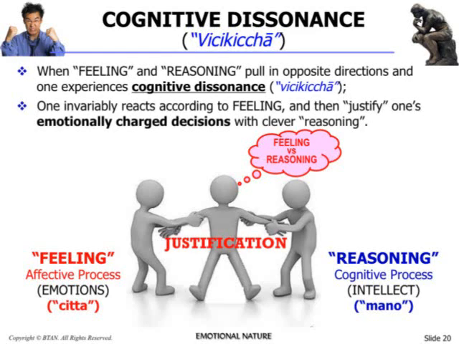So this is what is happening when feeling and reasoning pull in opposite directions, and we experience this cognitive dissonance, vicikiccha, we invariably react according to feeling. We don't react according to thinking. We react according to feeling, and then we use our intelligence to justify why we react according to feeling.